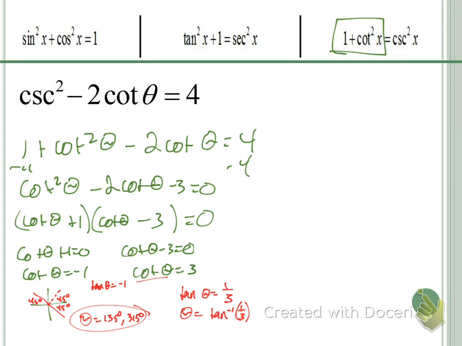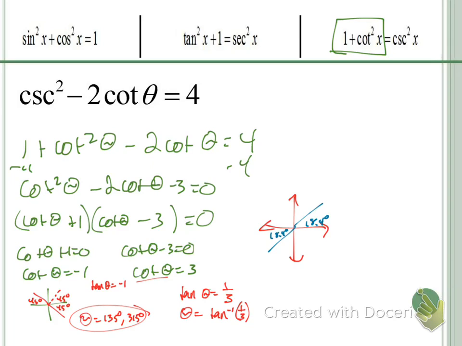Now, I have to relate back to tangent in terms of our quadrant analysis, because that's what I'm going to use in my calculator. So again, where is tangent positive? It's positive 1/3, right? Tangent is positive in quadrant 1 and quadrant 3. So if I hit inverse tangent of 1 divided by 3, I get 18.4, which becomes my distance from the horizontal.